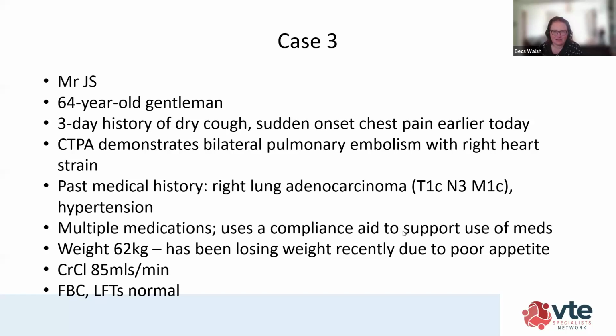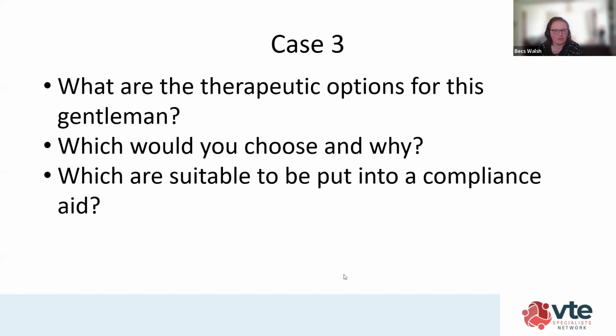I think you know my next question. What are the therapeutic options for this chap, and which would you choose and why? So we have PESI score is high, so preferably admit. Low molecular weight heparin for 5 days, then apixaban. Low molecular weight heparin followed by a DOAC.